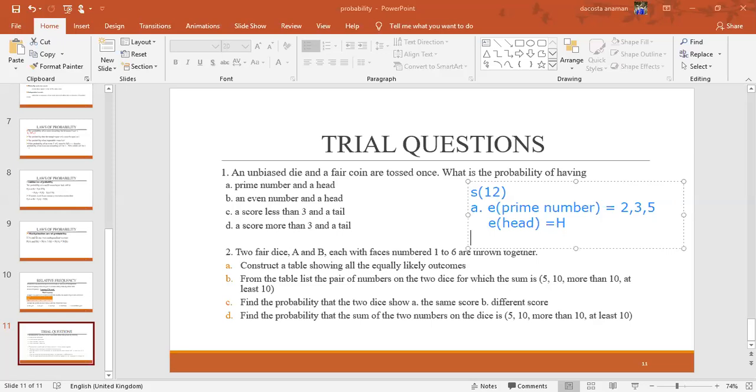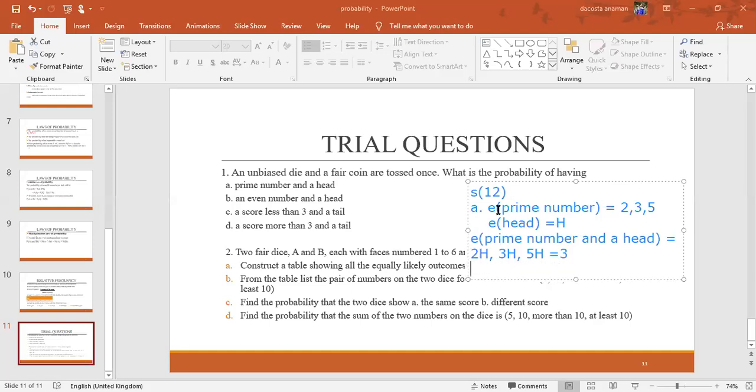So the event of having a prime number and a head will be 2 and a head, that's 1. 3 and a head, that's 2. Then 5 and a head, that's 3. Making it 3 events.